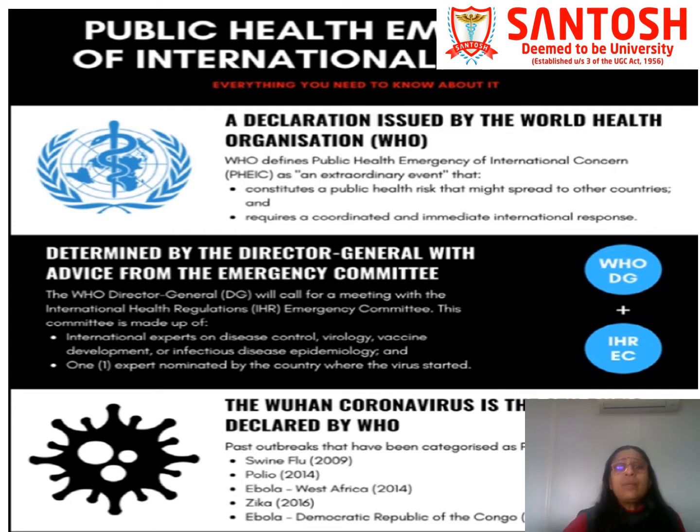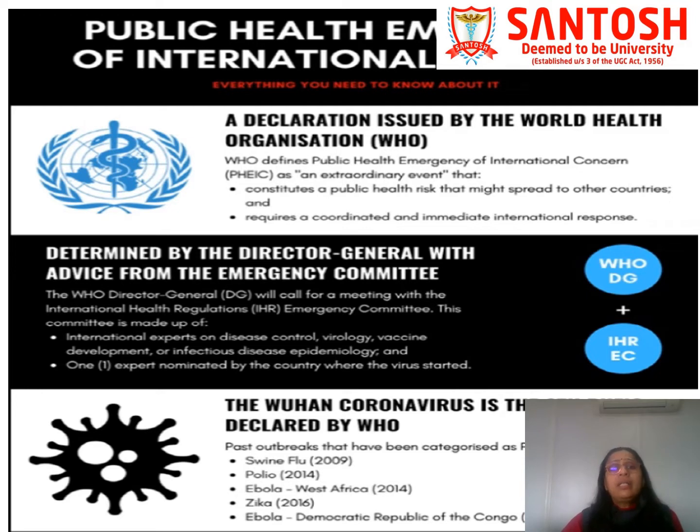So here you can see that the Director General of the WHO along with the International Health Regulations Emergency Committee, both of these together, determine which disease should be labeled as the public health emergency of international concern.